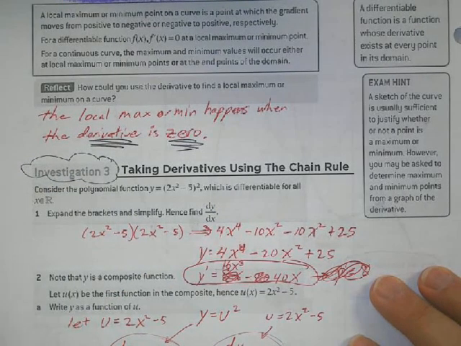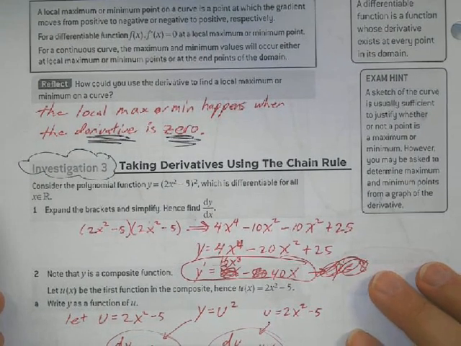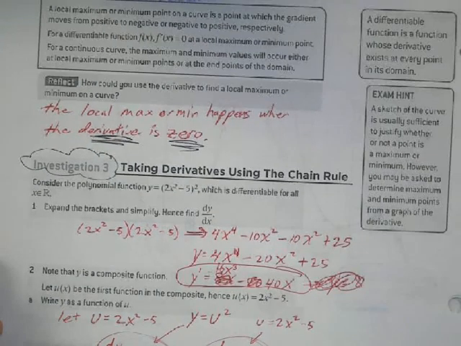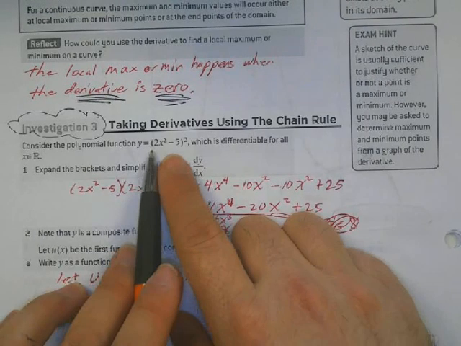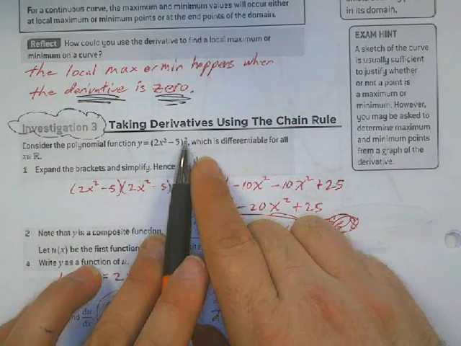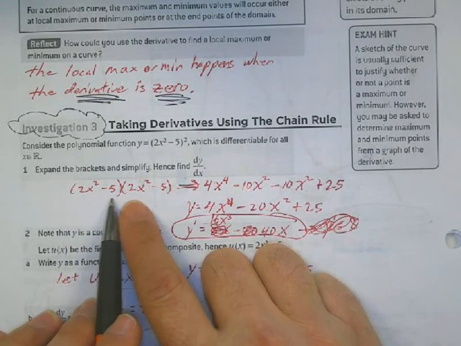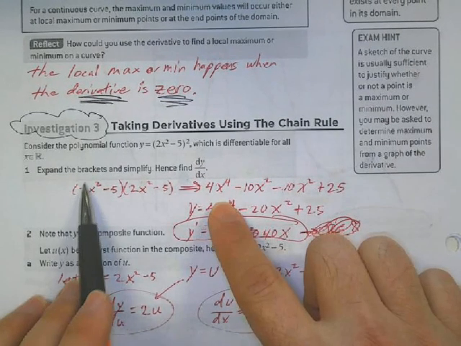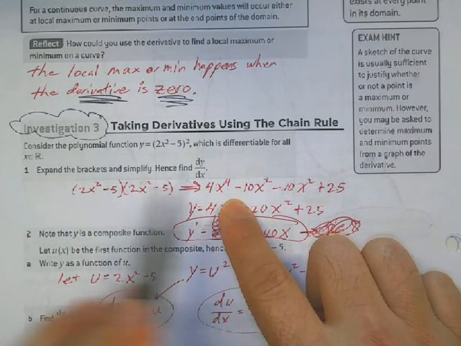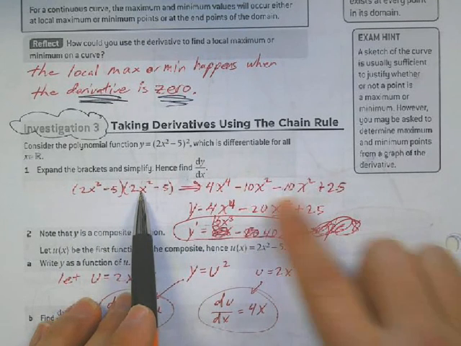Okay, so let's do this right now. I've got 2x squared minus 5, all squared. So I could rewrite this as 2x squared minus 5 times 2x squared minus 5. And if I FOIL it out, 2x squared times 2x squared gives me this. 2x squared times negative 5 gives me this. Negative 5 times 2x squared gives me this.